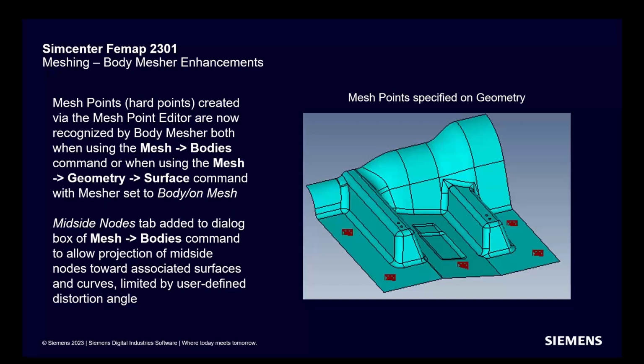And also, there's an option now for projecting the mid-side nodes. If you have higher order elements, you can now project those to the associated surfaces within a certain distortion angle tolerance.